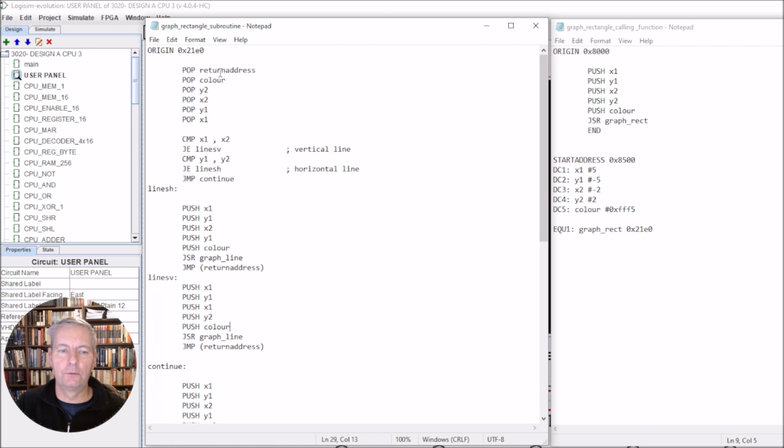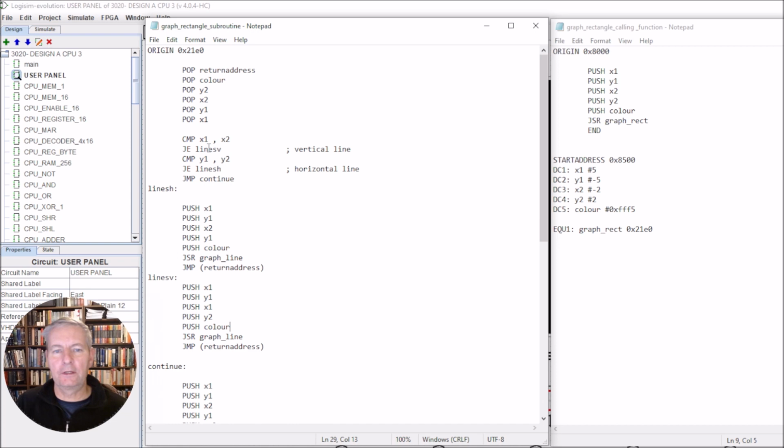So again, the subroutine, we're going to pop the return address and we're going to pop the colour, and then we will be popping off the y2, x2, y1, x1. So that's us got all the information that we need sitting in a local memory location for this subroutine.